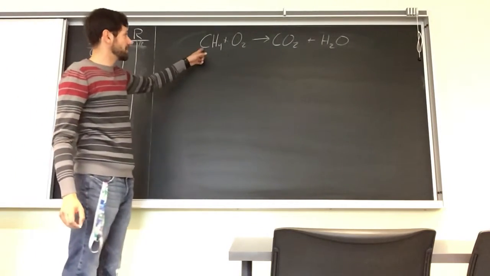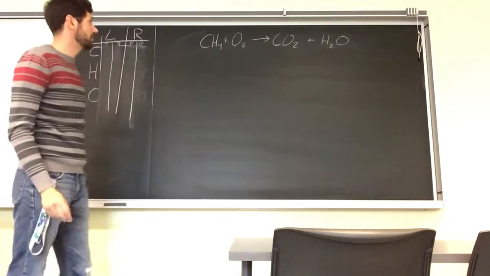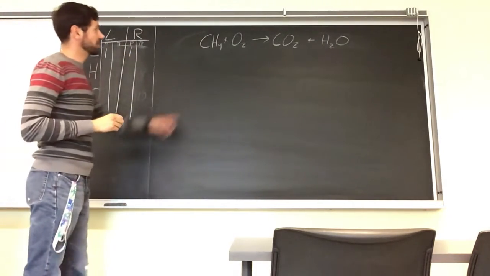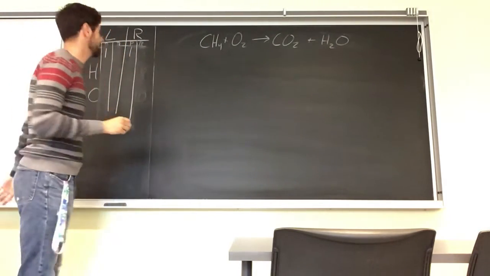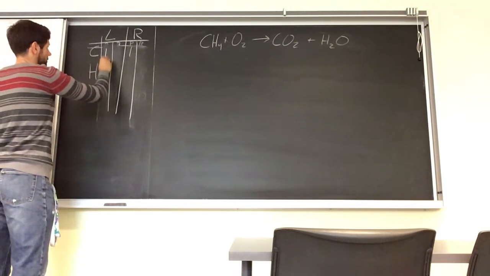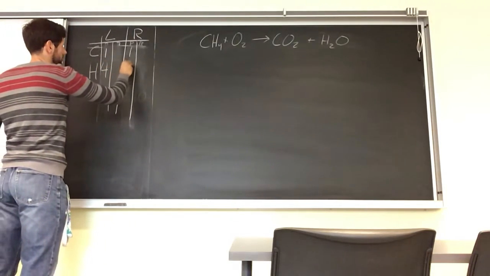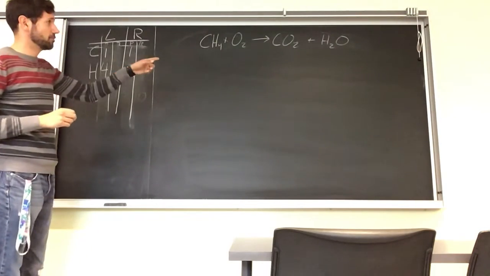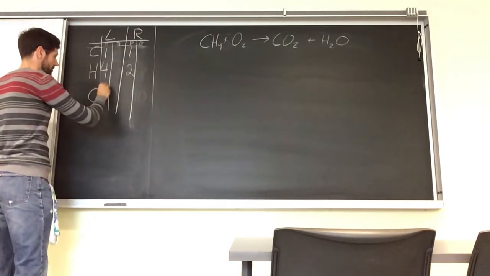Number of carbons on the left side, 1. Number of carbons on the right side, 1. Number of hydrogens on the left side, 4. Number of hydrogens on the right side, 2. Number of oxygens on the left side, 2. Number of oxygens on the right side, 3.